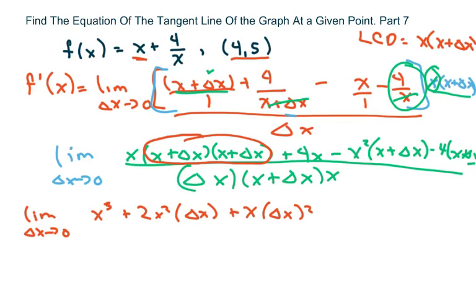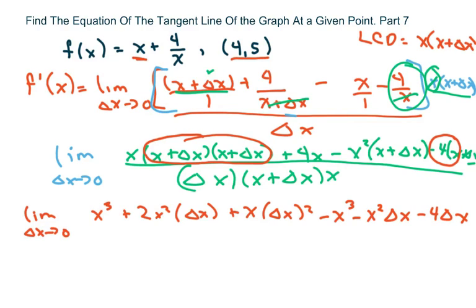And then we have minus x cubed minus x squared delta x. Then we have minus 4 delta x. Because these two here cancel out.